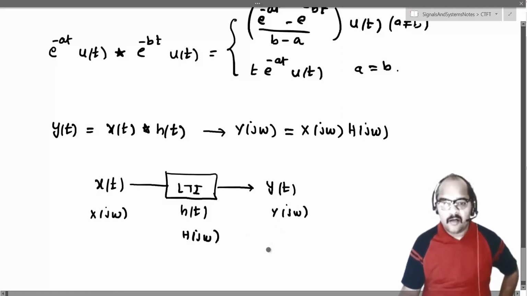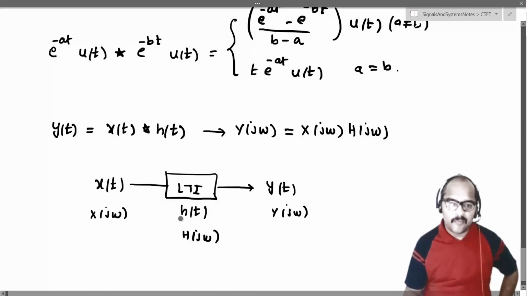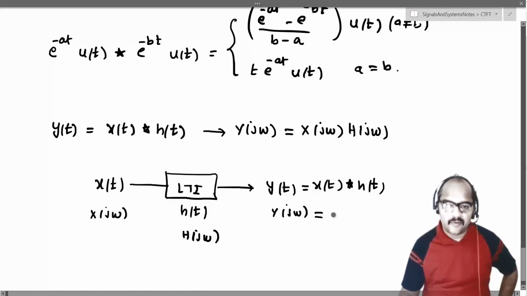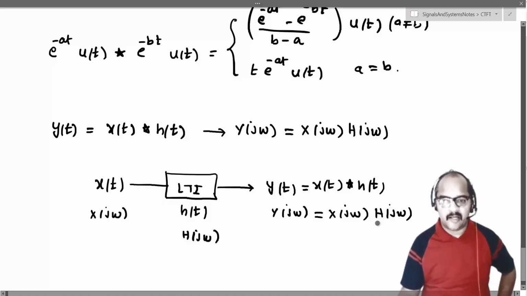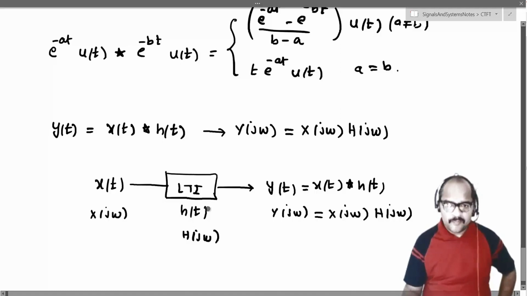In time domain, y of t is equal to x of t convolved with h of t. In frequency domain, y of j omega is equal to x of j omega multiplied with h of j omega.